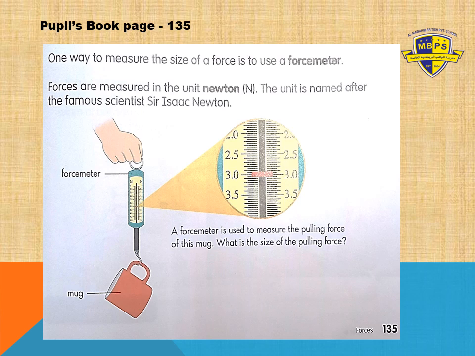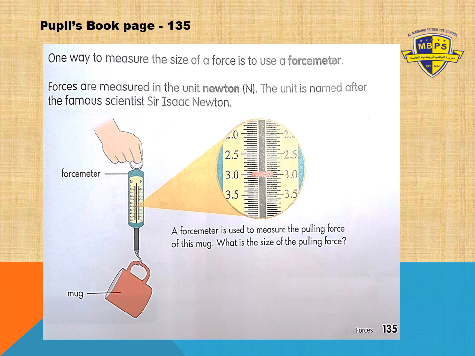So, one way to measure the size of a force is to use a force meter, as we did in the last slide, right? And forces are measured in the unit Newton, that is written with the symbol N. The unit is named after the famous scientist Sir Isaac Newton.